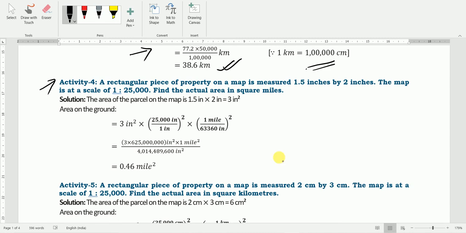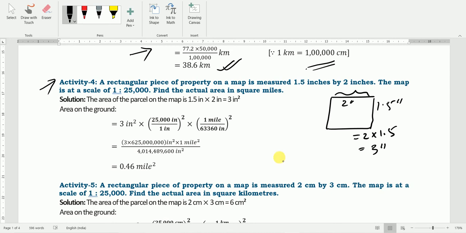So on the map, a rectangular piece of land property is 2 inches by 1.5 inches. That means the area here is 2 multiplied by 1.5.